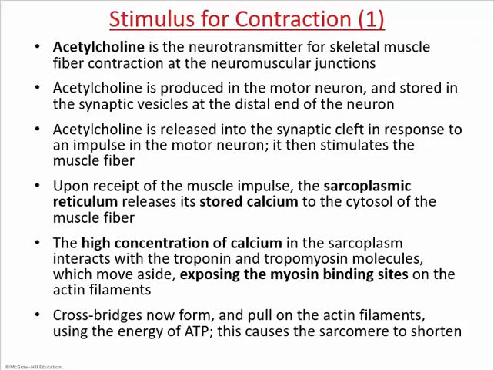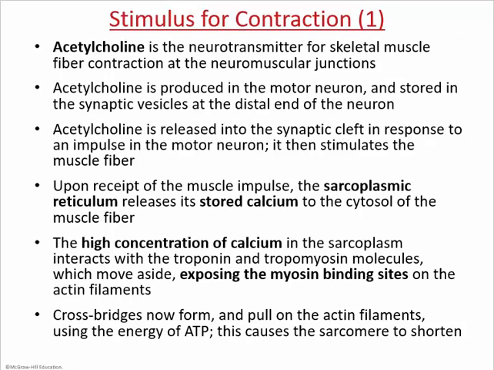When the action potential gets to the sarcoplasmic reticulum at the triad, at the T-tubule, it causes voltage-gated calcium channels to open, and calcium leaves the sarcoplasmic reticulum and joins onto troponin. When it joins onto the troponin, the troponin pulls the tropomyosin out of the way. When the tropomyosin is pulled out of the way, the myosin and actin form a cross bridge, and we end up with contraction.